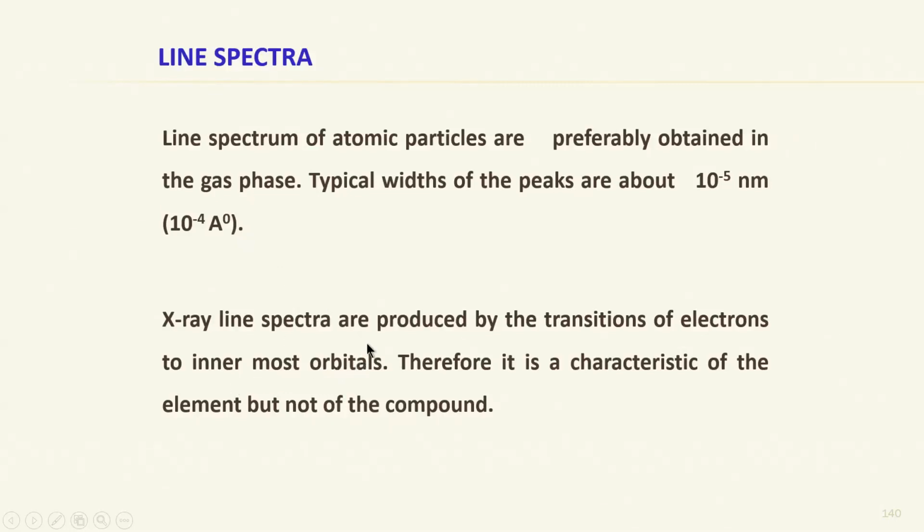X-ray line spectra are produced by transitions of the electrons when they fall from a higher energy level to a lower energy level. From a higher shell to a lower shell they emit radiation, that is X-rays.